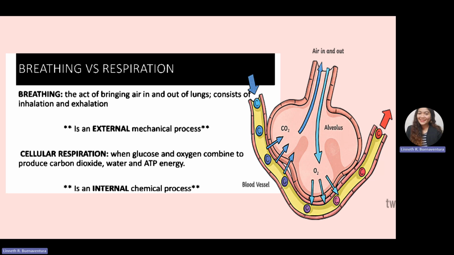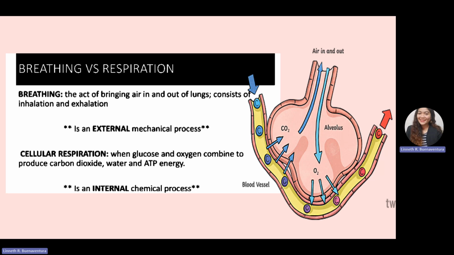While respiration, also known as cellular respiration, is a process where glucose and oxygen combine to produce carbon dioxide, water, and ATP. It is known as an internal chemical process.